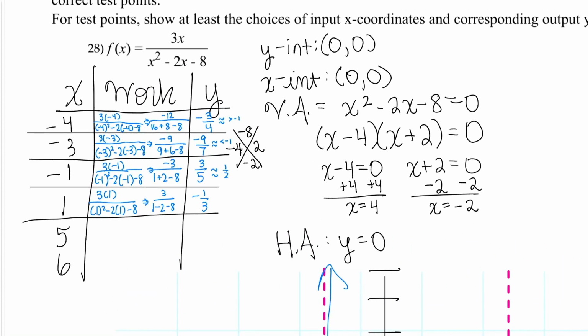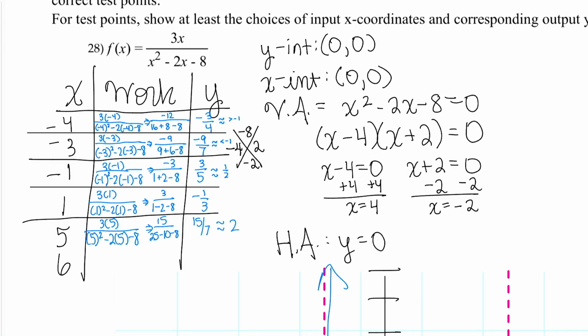Then when we plug in 5 and 6, we're going to have 3 times 5 over 5 squared minus 2 times 5 minus 8, which is 15 over 25 minus 10 minus 8. Let's see, that's going to be 7 on the denominator. So we have 15 over 7, which is about 2.